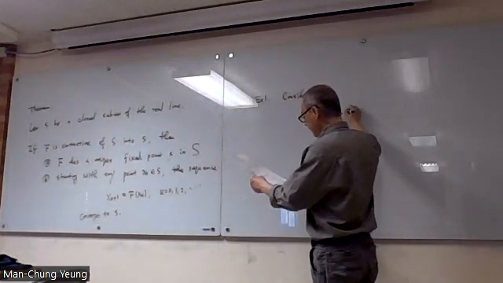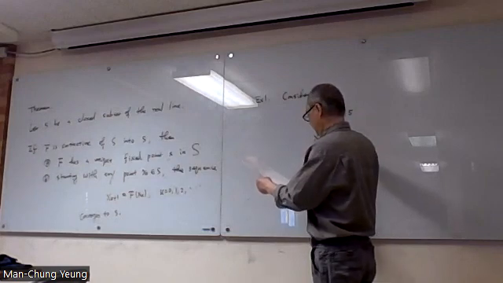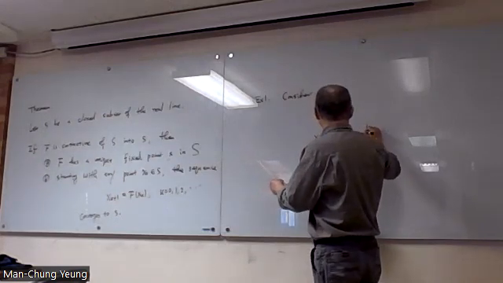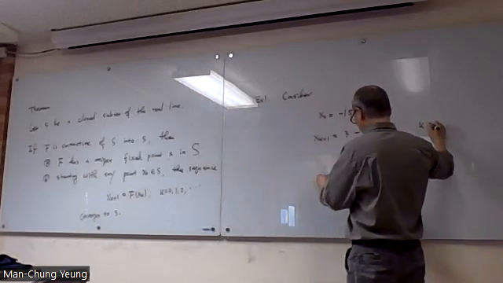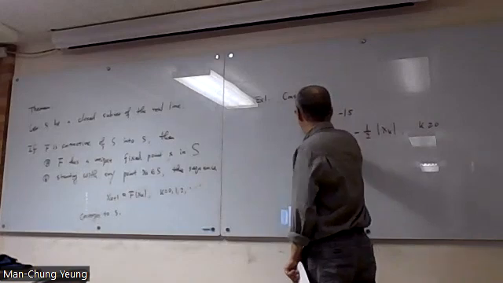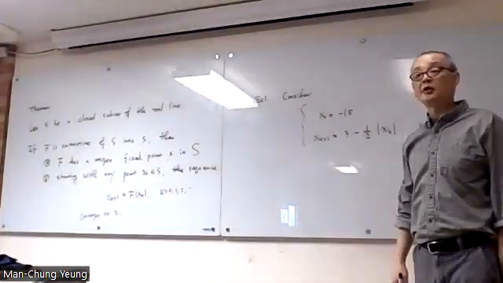Initially x_0 is negative 15. Then iterate x_{k+1} = 3 minus 1 half of the absolute value of x_k. This is a functional iteration.